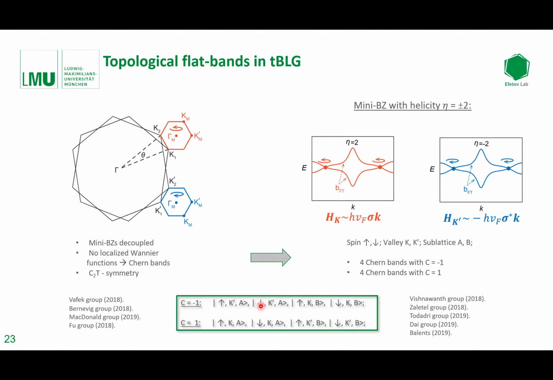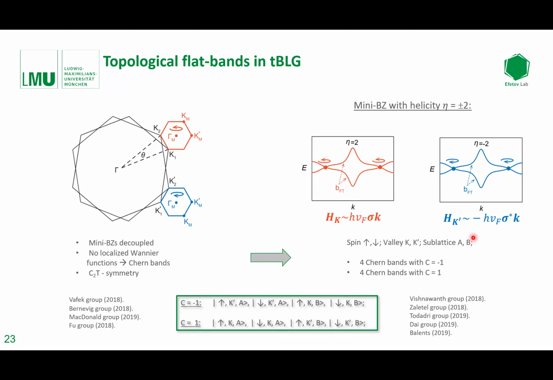Some clue comes from the different flavors that we have in the system. Dealing with twisted bilayer graphene, we can construct our wave functions from the 3 different quantum numbers that we have, which are spin: we can have spin up and spin down. We can have valley, K and K prime. And of course, we can also have sublattice A and B.